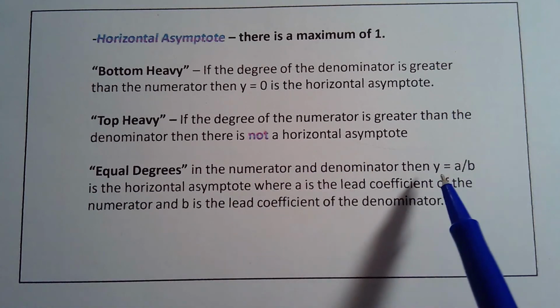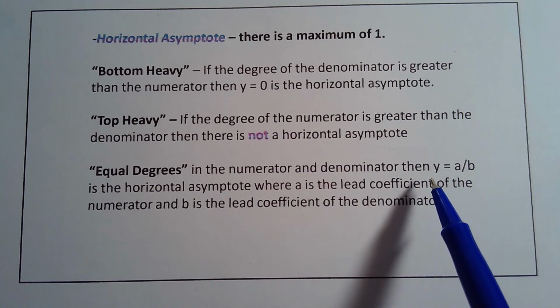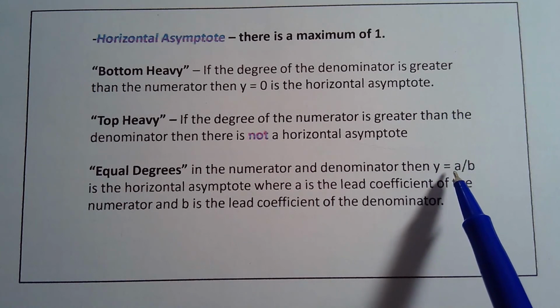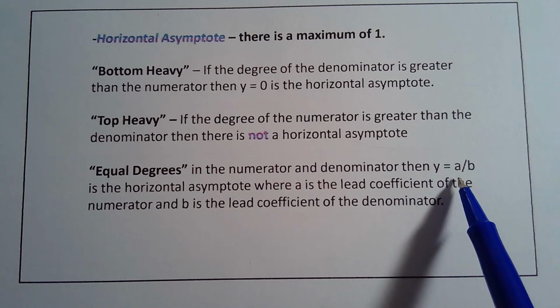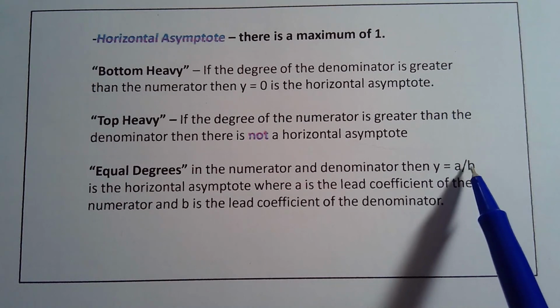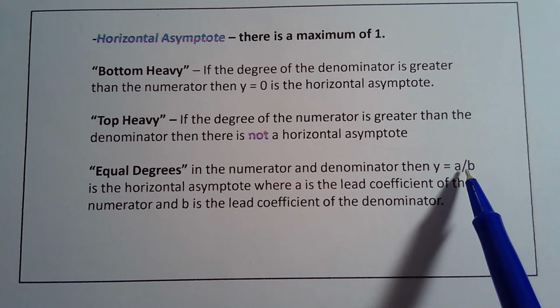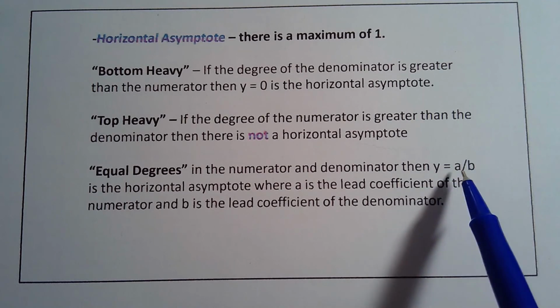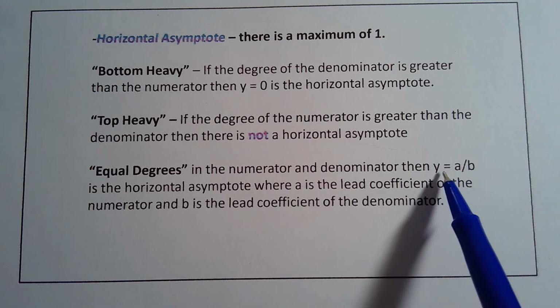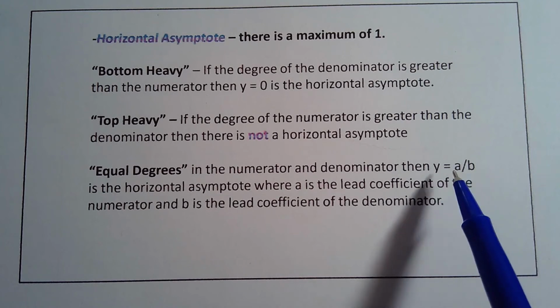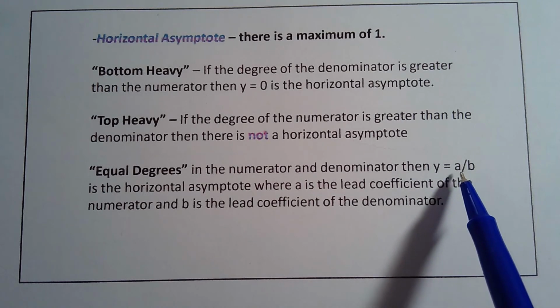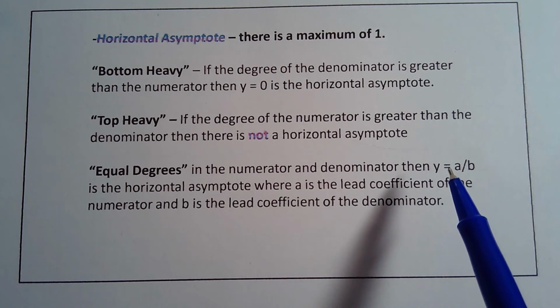Then you would take the lead coefficient of both of them, the numerator's lead coefficient divided by the denominator's lead coefficient, gives you the value of the horizontal asymptote. So that a lot of times is a fraction, depending on whether a and b are multiples of one another. And I've got several examples of this to go through as well, and then we'll be done.